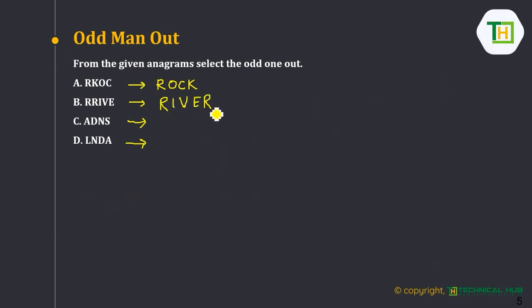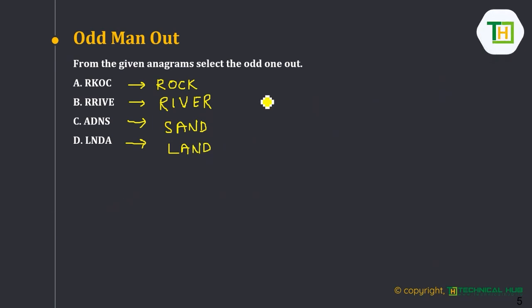And SAND, sand. Okay, and this is LAND, land. Because those are jumbled words, if I arrange them in proper order, I will get meaningful words like rock, river, sand, and land.